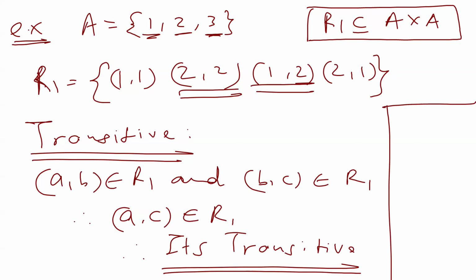Now in this particular problem which I've given to you, it's reflexive, it's symmetric, it's transitive, all three. Do you agree with me, guys? This particular example, is it reflexive, symmetric, and transitive?